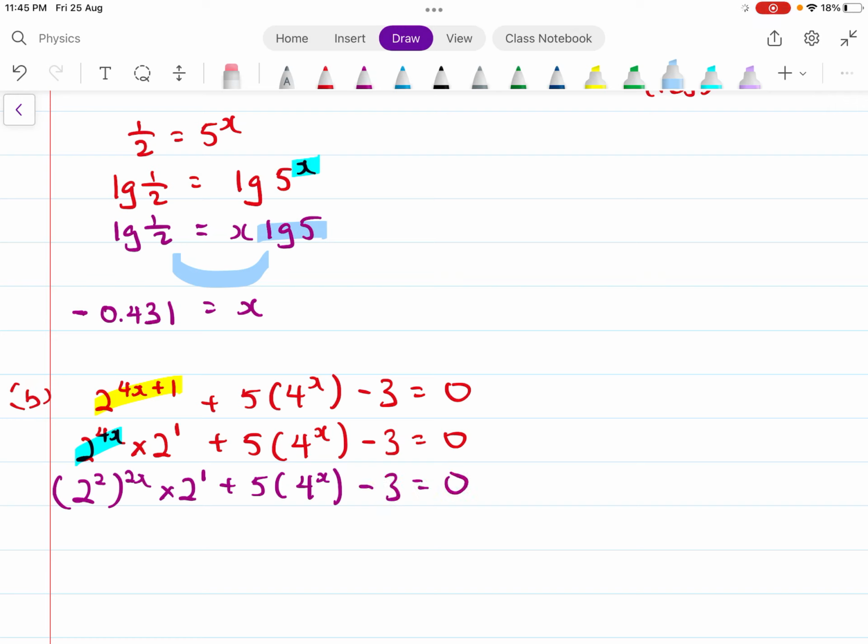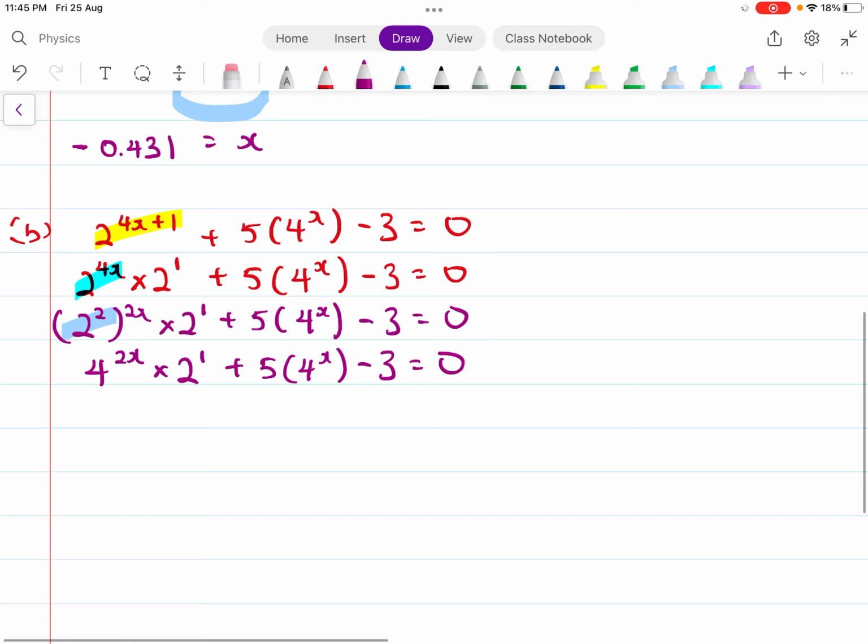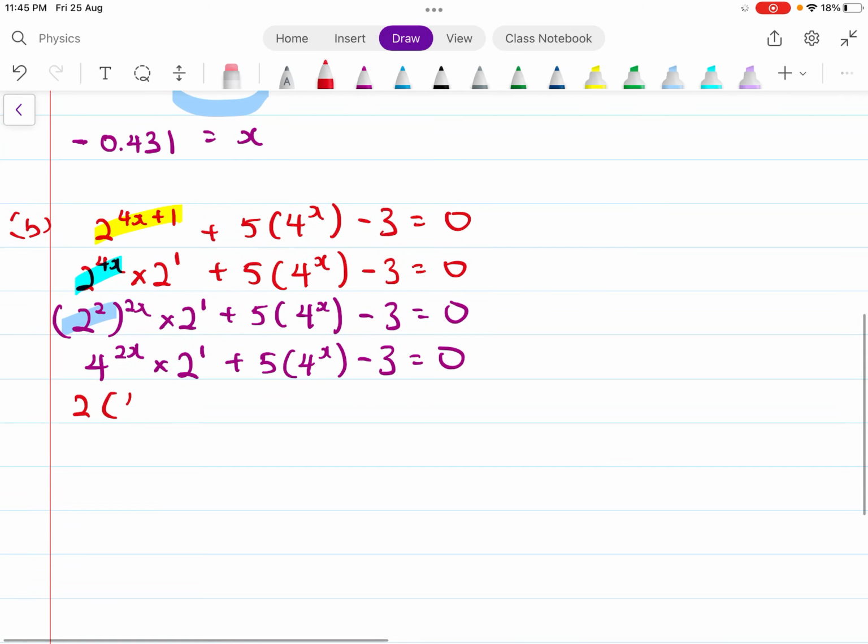So this whole thing here is just 4, so just 4 to the power of x, then you times 2 to the power of 1, plus 5 times 4 to the power of x, minus 3 equal to 0. So I just simplify further. So this thing I put in front: 2 times 4 to the power of x, plus 5 times 4 to the power of x, minus 3 equal to 0.